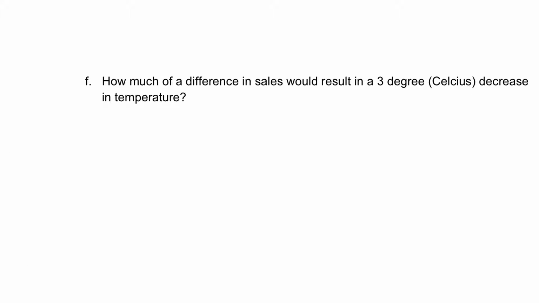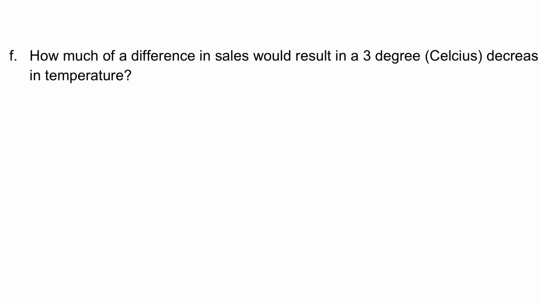How much of a difference in sales would result in a 3-degree decrease in temperature? We know that right now it's $30 for 1 degree change. So if you go down 3 degrees Celsius, what should be up here? Well, how did you get from 1 to -3?